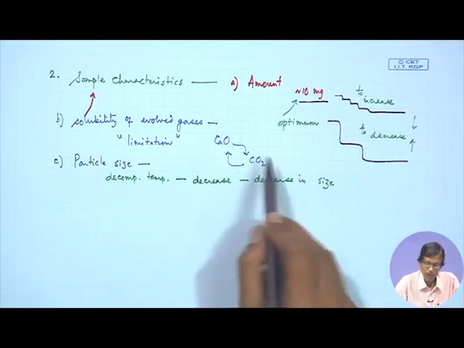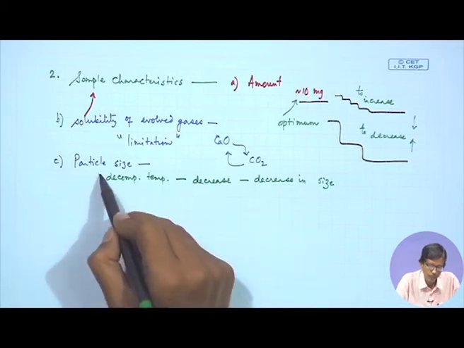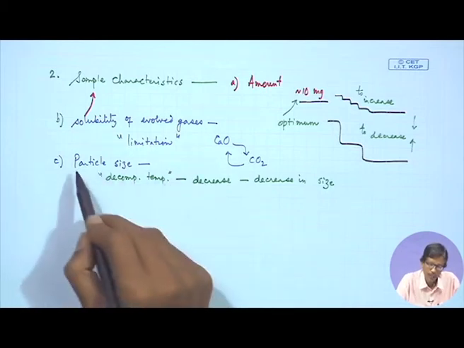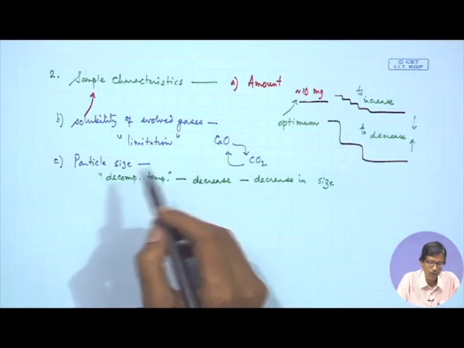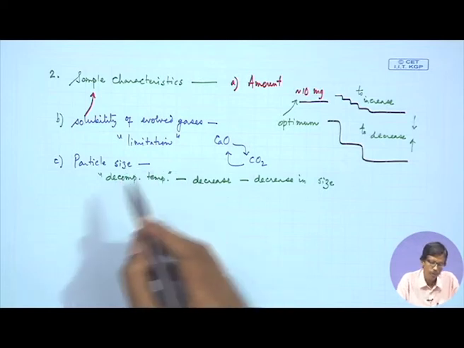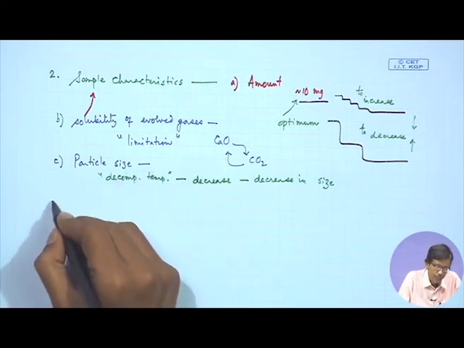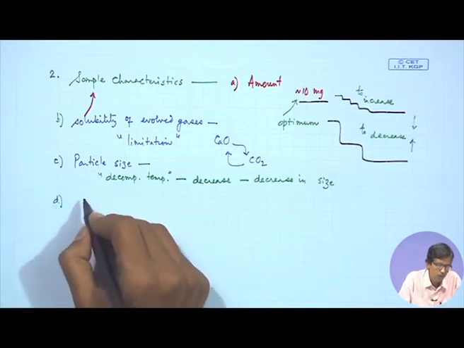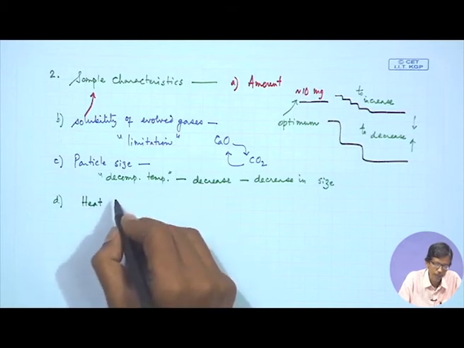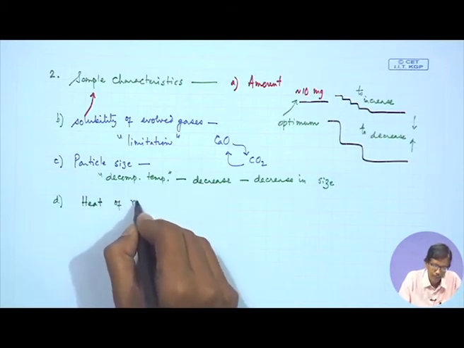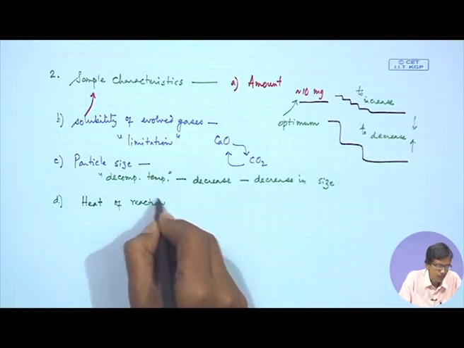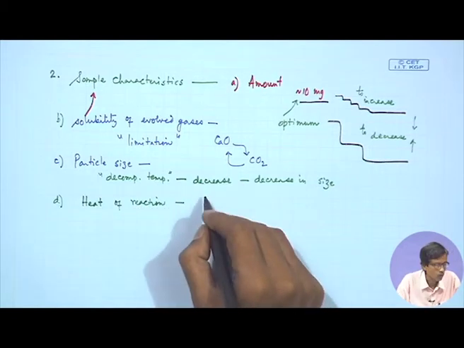A coarse sample will have a higher temperature. So, the decomposition temperature depends upon the physical characteristics of the sample. Then one more important property is the heat of the reaction. We do not know anything about the heat of the reaction when we first do it. So, heat of reaction can also play some important role.